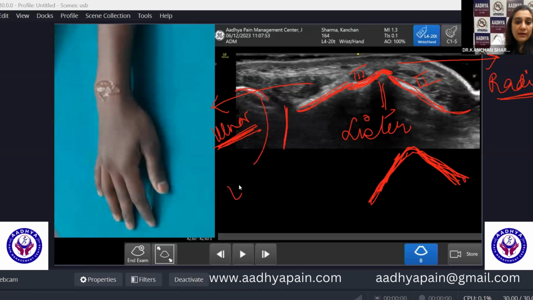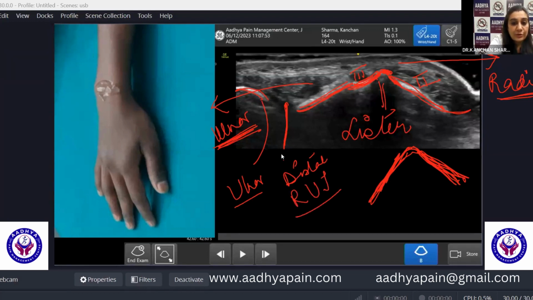So this is your ulna, which is starting, and the gap which you are seeing here is the distal radio-ulnar joint. To be more precise, it is the dorsal distal radio-ulnar joint, because there is a gap between these two. So that is all about the bony things. And now we will go on to identify the structures one by one.